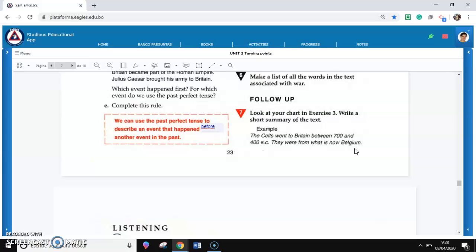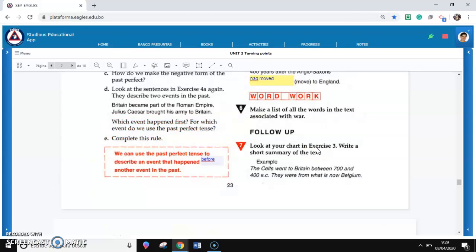So I would like you to just write a short summary about the text, let's say 7 to 10 sentences. That will be fine. Okay? So don't forget to write a summary. Don't forget to submit it, upload it, take a picture of it, and then send it to me via Hangouts.